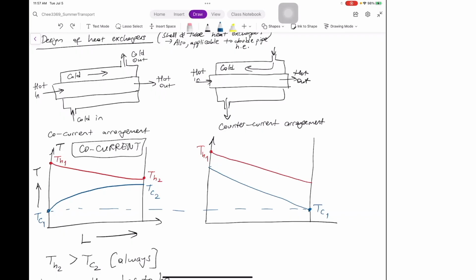It can never be. This is the theoretical maximum for a cold stream. But surprisingly, it can exceed the T cold 1. So T cold 2 can exceed the T hot 2, right?